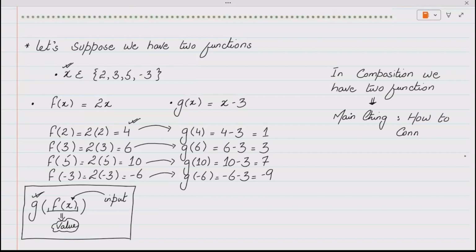The answer is we put an input in f and get an output.